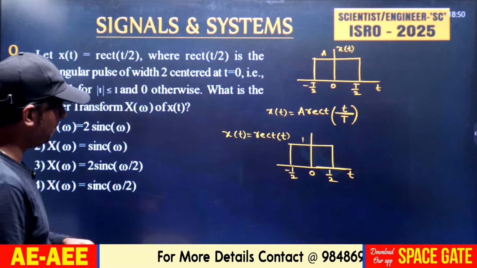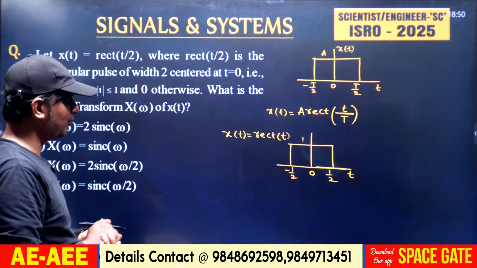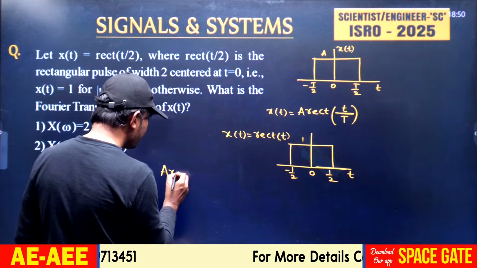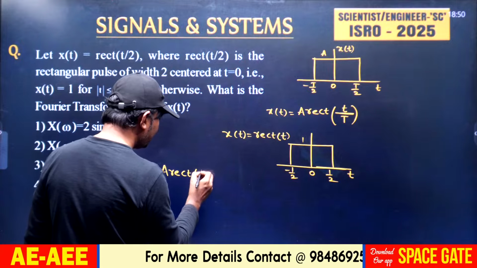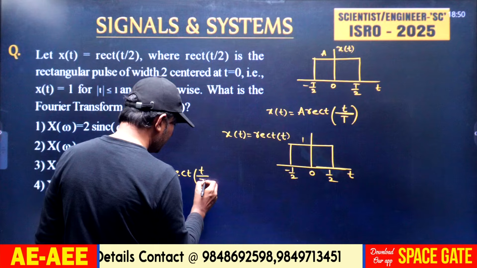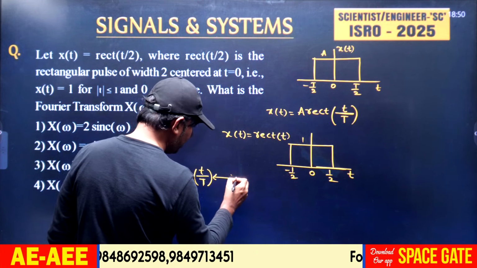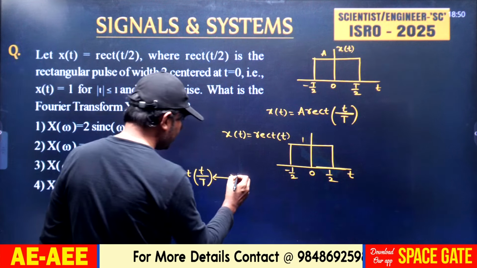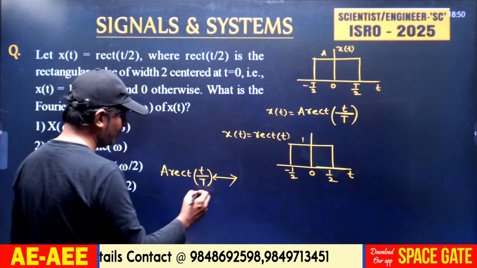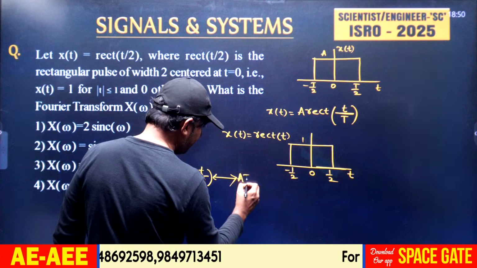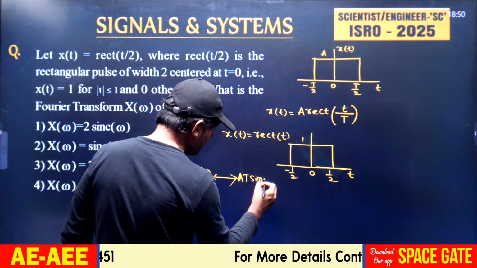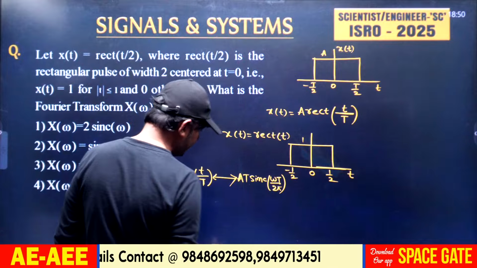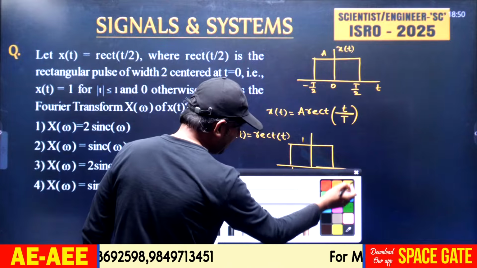Fine. Now come back to Fourier transform. A rect of t by capital T forms a Fourier transform pair with, in terms of sinc, AT sinc of omega T by 2 pi.